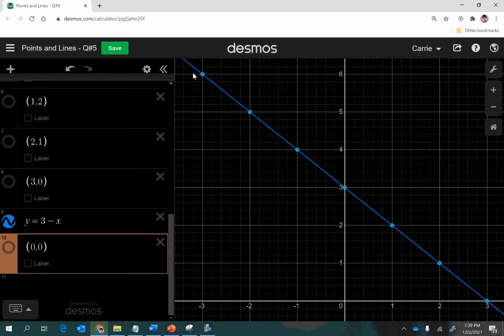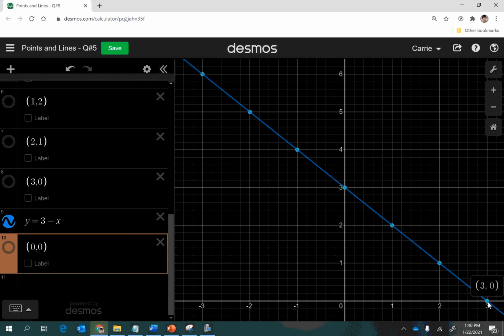All right, so there is our set of coordinates again with the line passing through them. And we were just asked where it crosses the x-axis. So here's my x-axis down here, the horizontal line axis. And notice that if I go right here, that point, which is (3, 0), is the x-intercept.